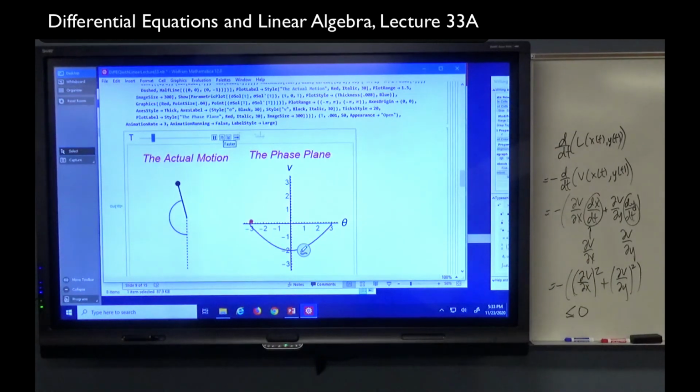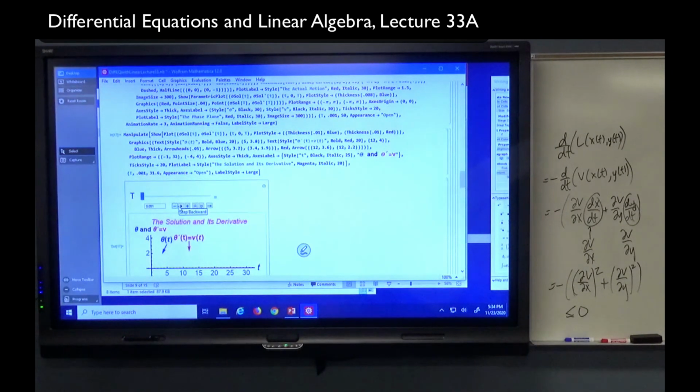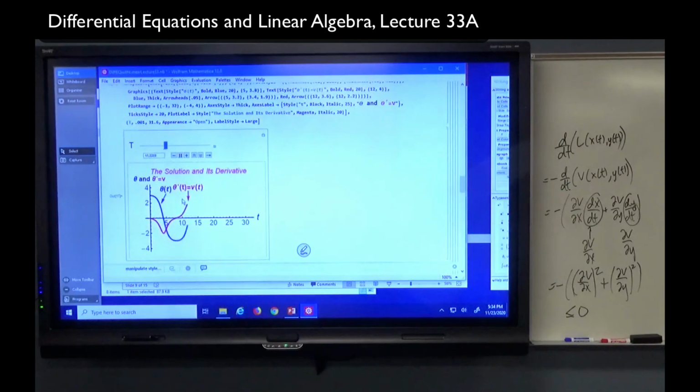You should think about the relationship between these two pictures and how the theta and v coordinates of the red dot on the right are telling you the angular position and angular velocity on the left. We can also graph theta and v as functions of time. And though they don't look like cosines and sines, they have some similarities.